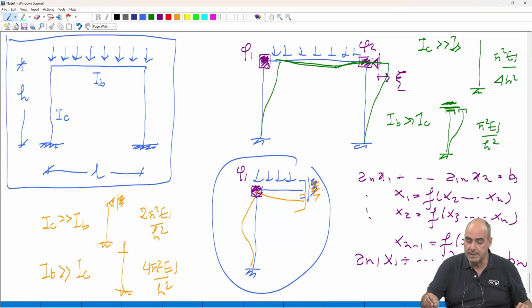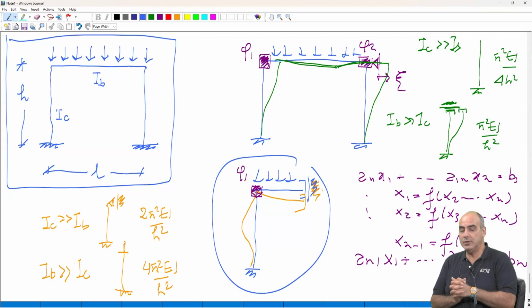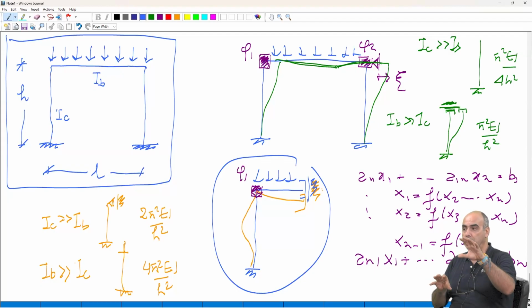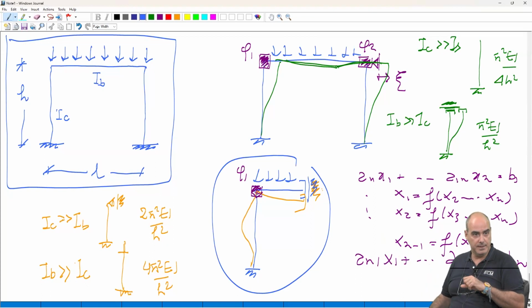But what do these equations, which are written here in orange and red, tell us? They tell us that if the sway movement is allowed, the critical load associated to this ranges between 1/4 and 1 pi square EJ over h square. Whereas the critical load associated to a non-sway mode of buckling is between 2 and 4 times. But as we have said, the critical load is always the smallest one.